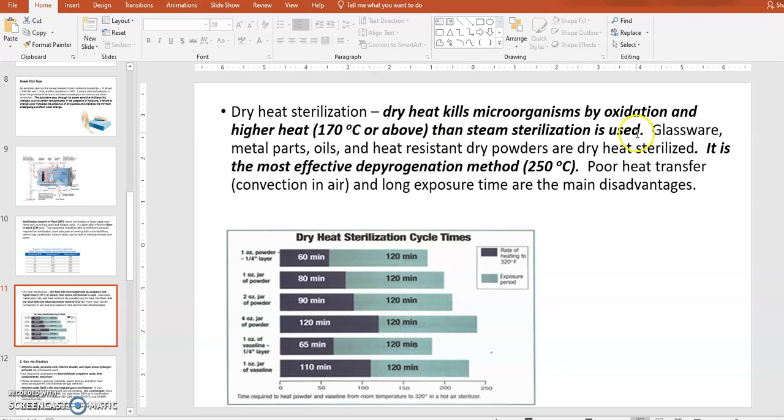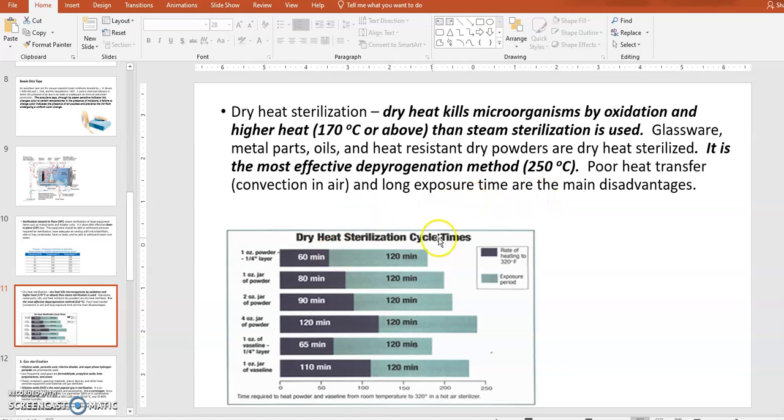Glass, metal pots, oils, and heat-resistant dry powders can be dry heat sterilized. For example, the depyrogenation method: you can remove endotoxins using dry heat, and in that case you need 250 degrees Celsius. It requires a longer exposure time because the heat transmittance is less efficient.